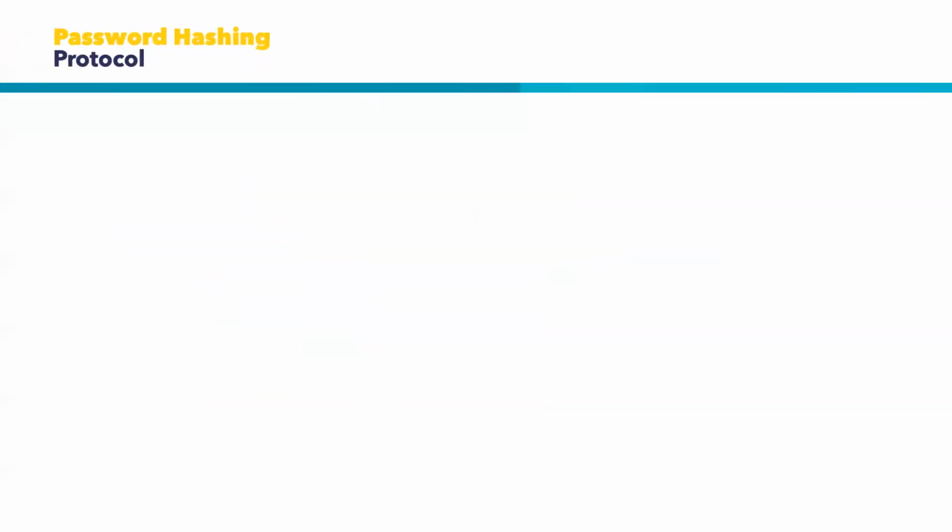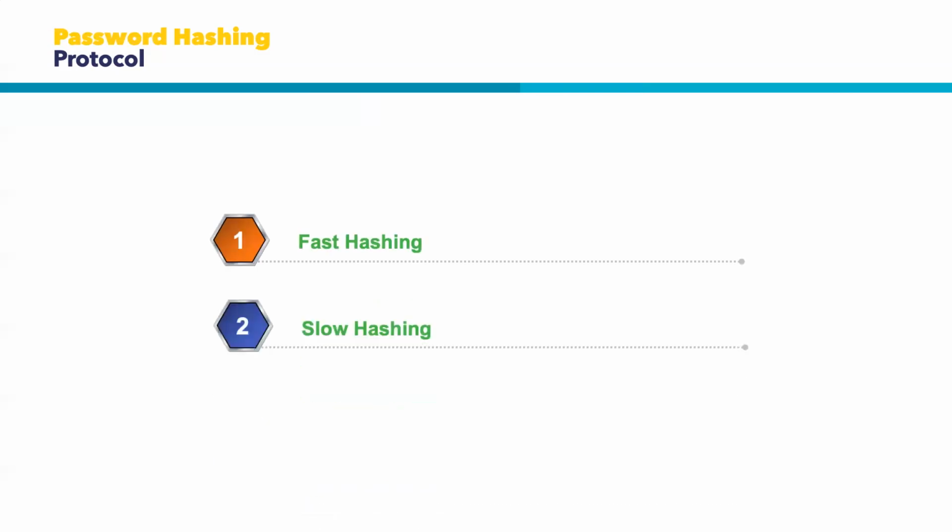Now, there are several hashing protocols that we use to implement this. Again, maybe for some of you hashing is new, but don't worry. Some of you are actually familiar with some of the hashing mechanisms. There are two categories of hashing: one is fast hashing, and the other is slow hashing.